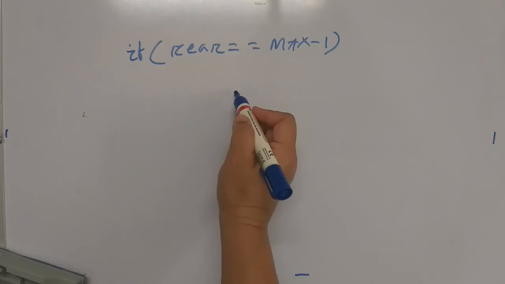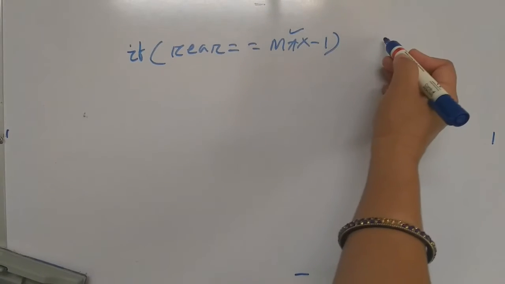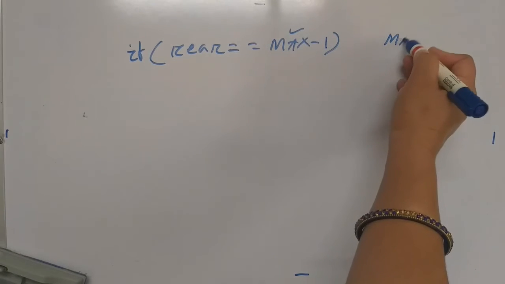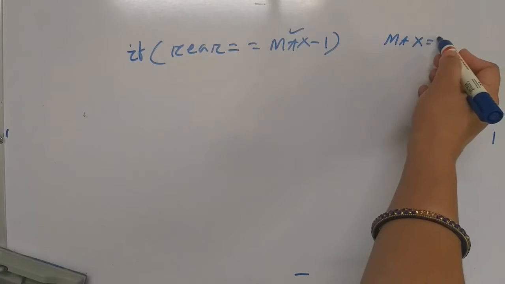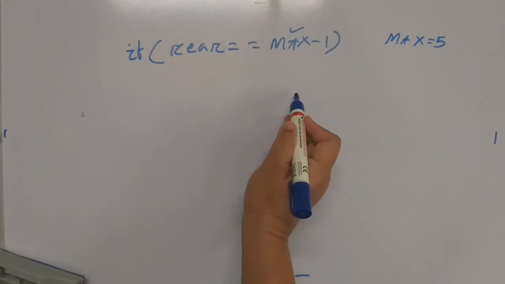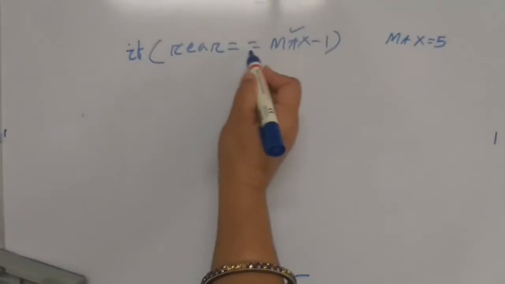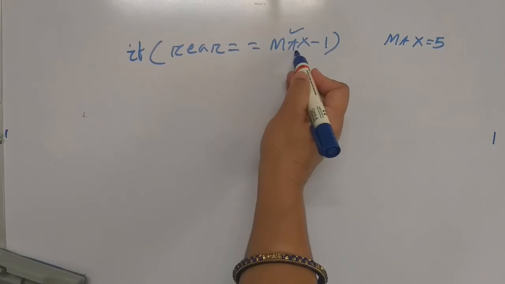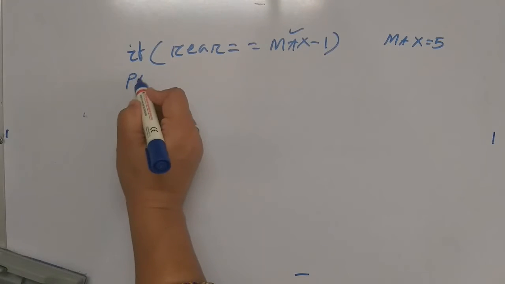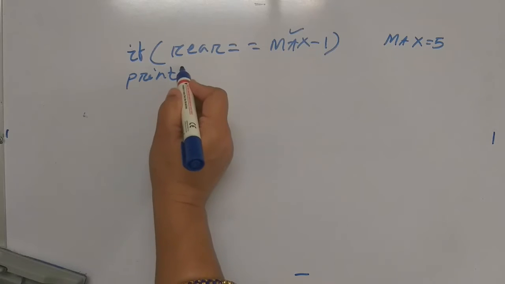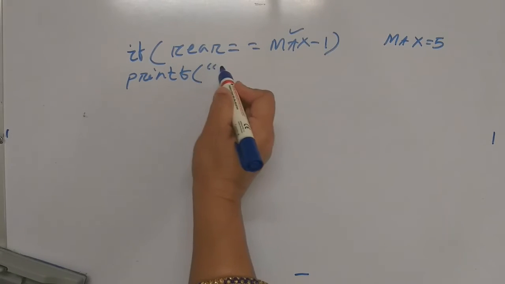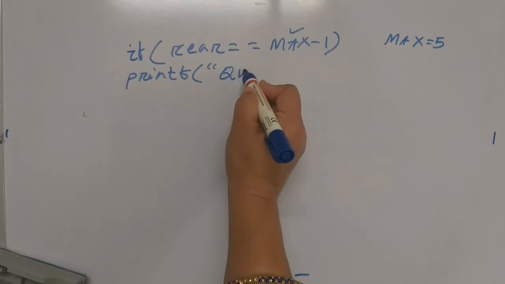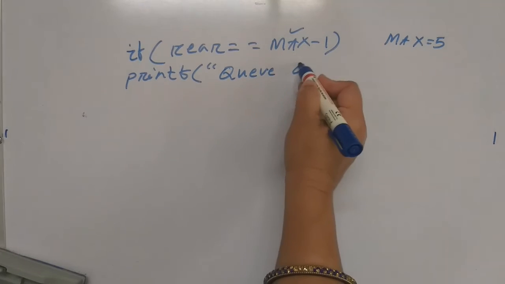Here max indicates the maximum size, suppose 5 here. If the rear is equal to max minus 1, then printf, Q overflow condition, Q overflow.